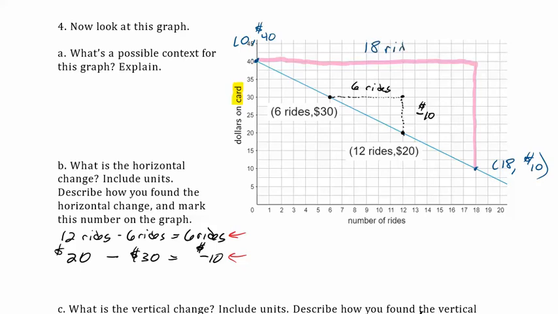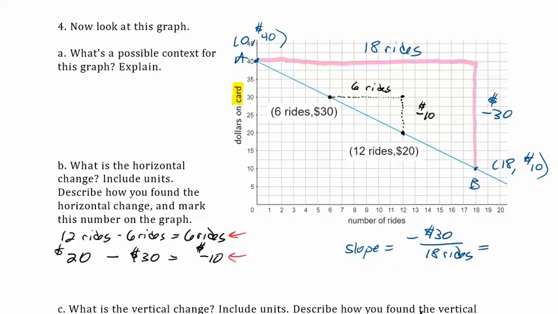So that's an 18 rides increase from, let's call this point A to point B. I increased 18 rides. And I went from $40 down to $10, so I lost $30 on my card. So what would my slope be? My slope would be I went down $30 and I got 18 rides.